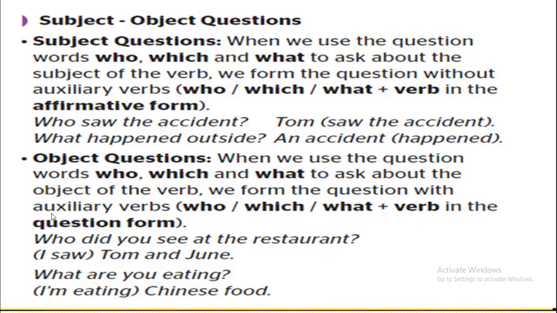We resort to the verb inversion, and the question will appear like this: who did you see at the restaurant? I saw Tom and John. What are you eating? I'm eating Chinese food.